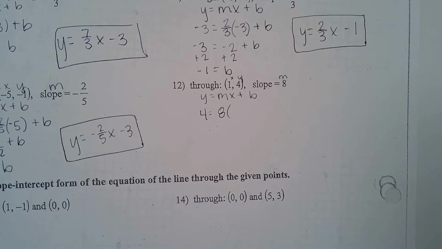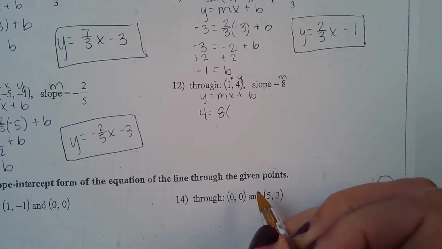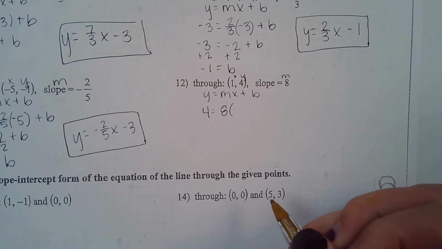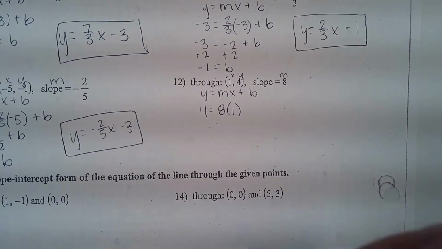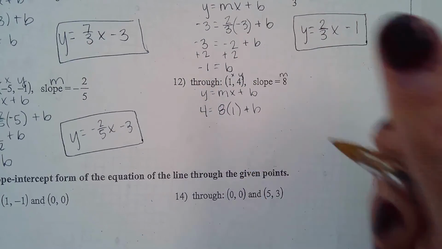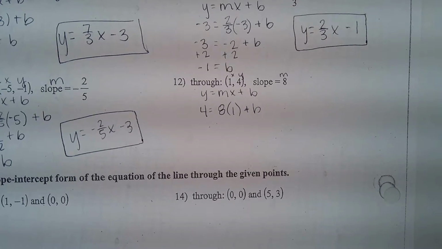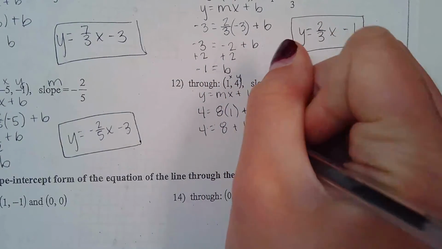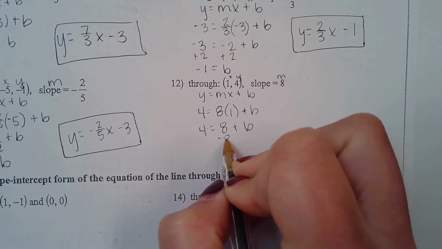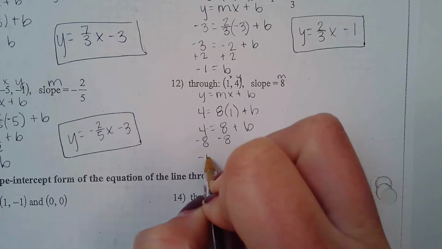Sam, what goes in place of x? 1. And then we got plus b. What is 8 times 1, y'all? What do we do from there? Negative 4. So negative 4 equals b.